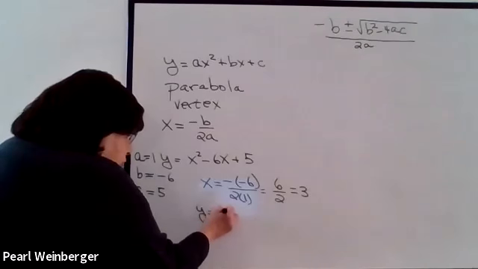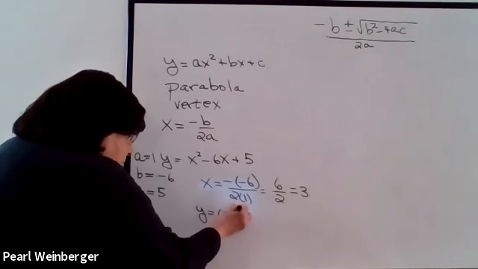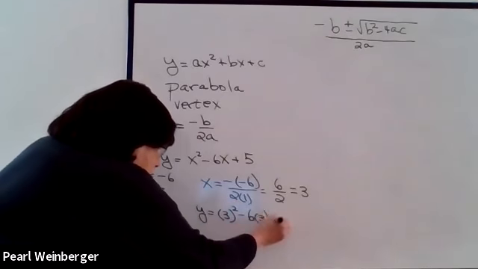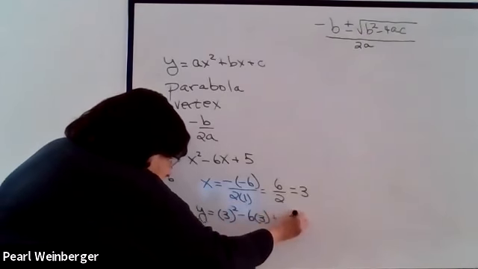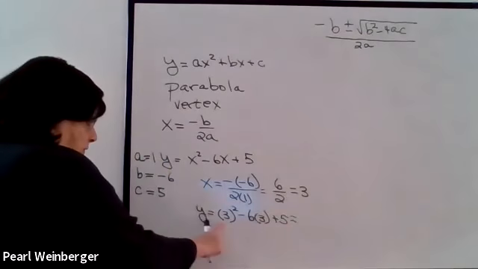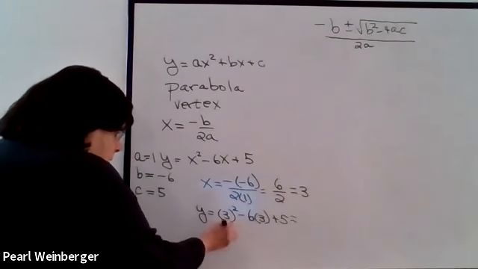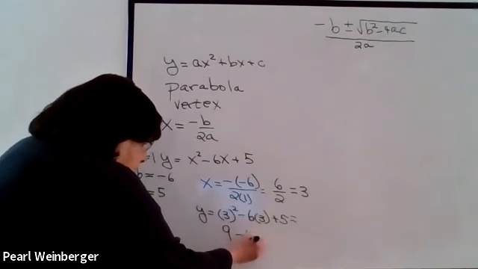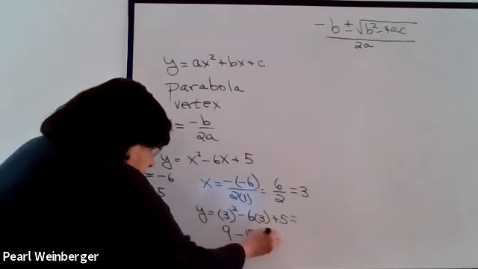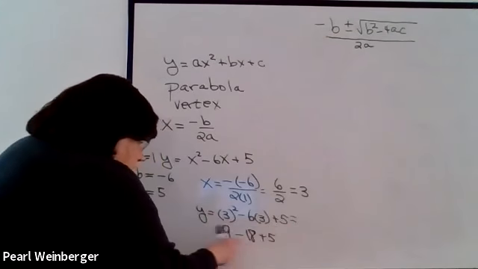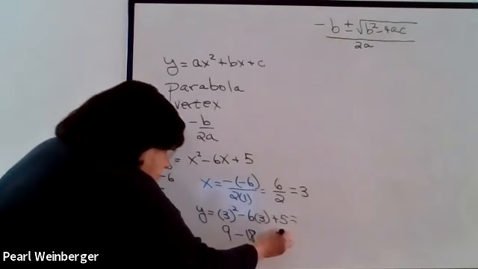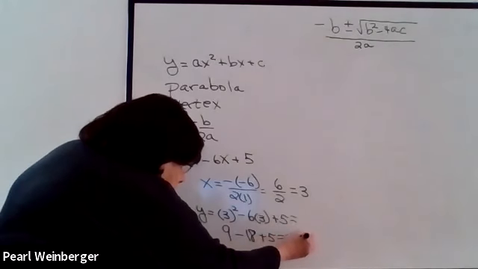So it's going to be 3 squared minus 6 times 3 plus 5. Okay, so let's figure this out. 3 squared is 9. -6 times 3 is -18 plus 5. So this is 9 minus 18 is -9. -9 plus 5 is -4.